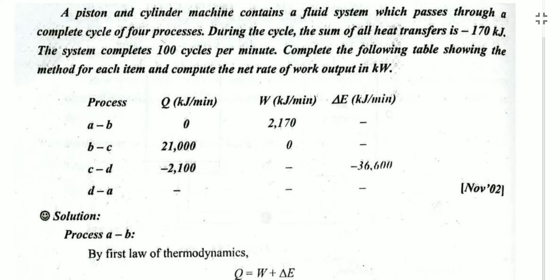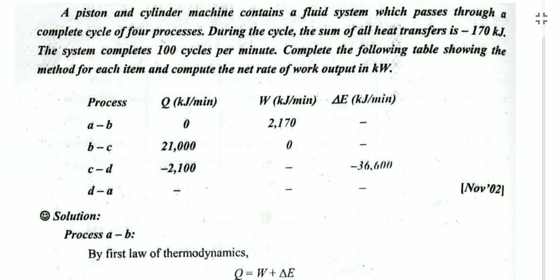In the second process, heat transfer is given, work done is 0 and delta E is an unknown value we have to find. In C to D, heat transfer is given, work done we have to find, and change in internal energy is given in the question. And in the last process, heat transfer, work transfer, delta E, nothing is given, we have to find everything.